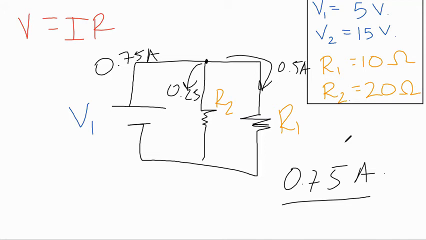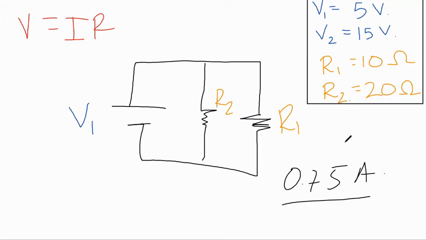Adding them together, we get 0.75 amps. Now, once again, they reach another junction where both of them meet together again, and they add up to being 0.75 amps. Now, there's Kirchhoff's second law as well, which is his voltage law.